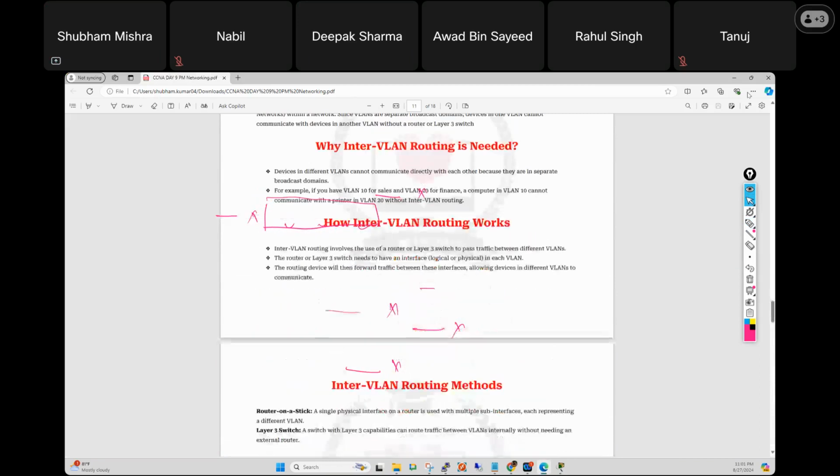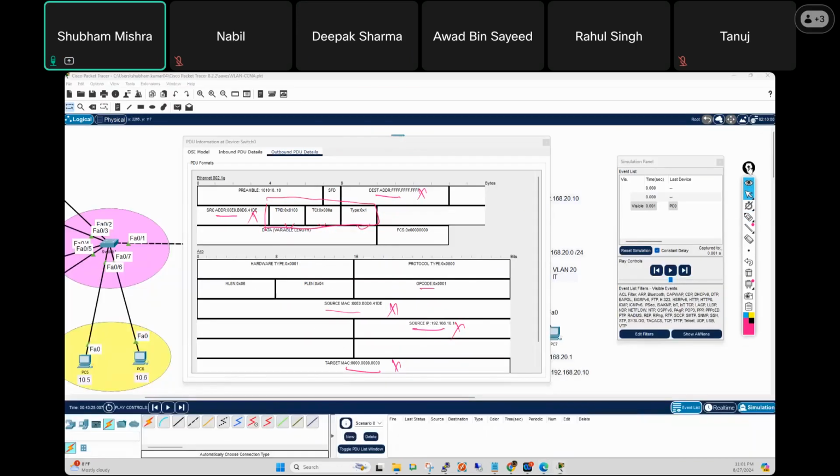I think I mentioned it in the next class, when I explain the trunking part. I will explain these things in detail then, but right now just understand one thing, only the introduction part.